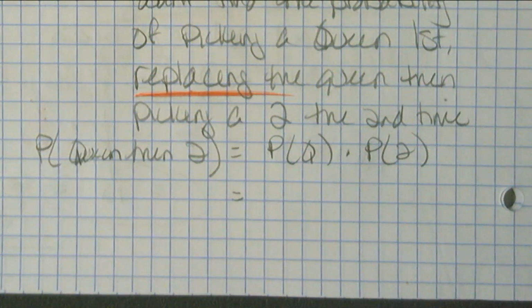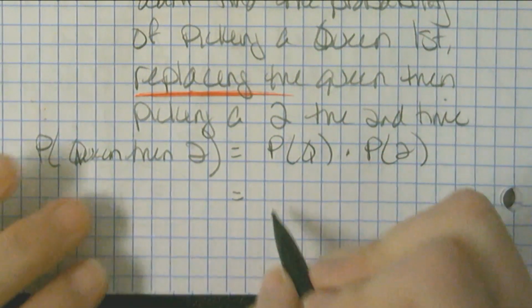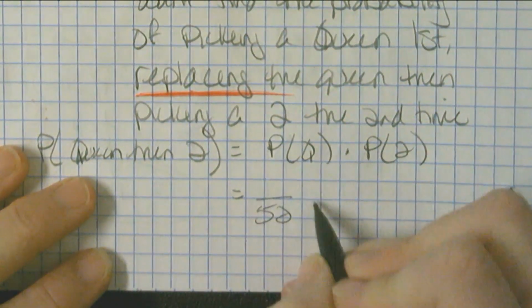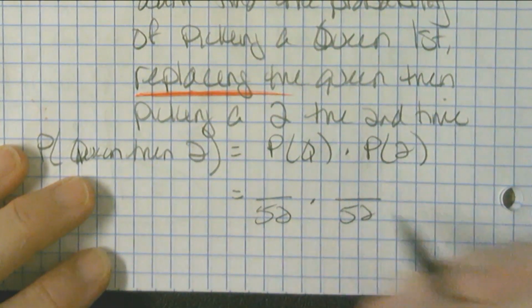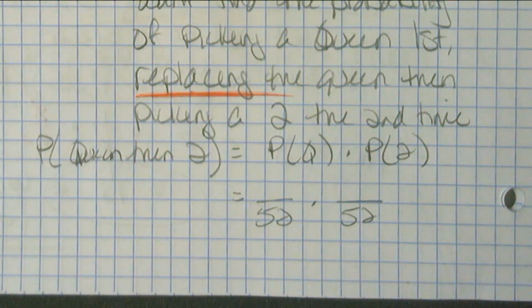How many cards are in a deck of cards? Nick? No. 52. So we have 52 in each deck. So now you've got to figure out how many queens there are and how many 2s there are.